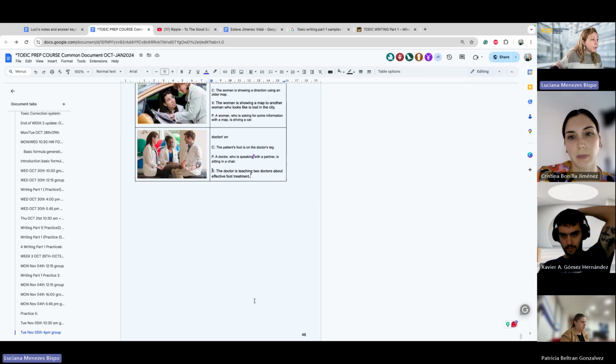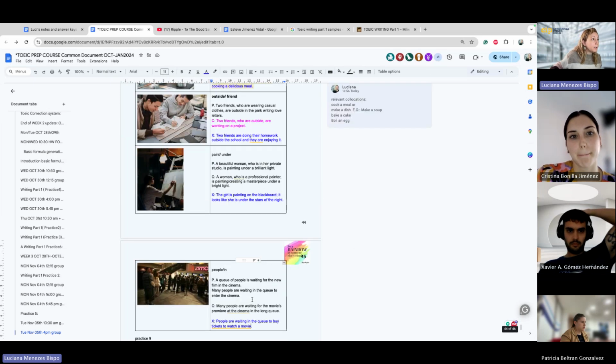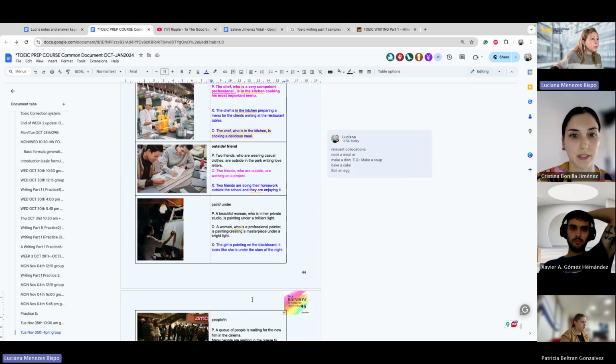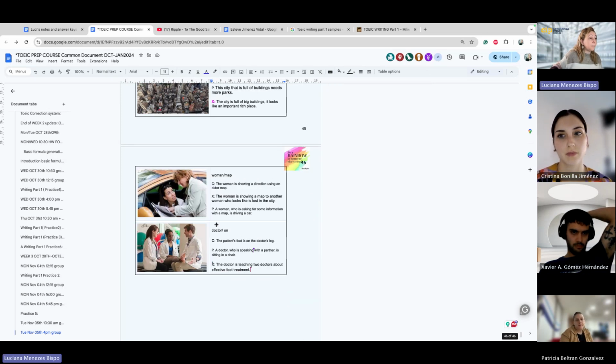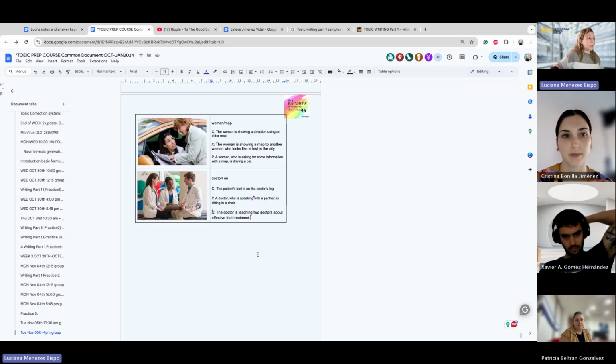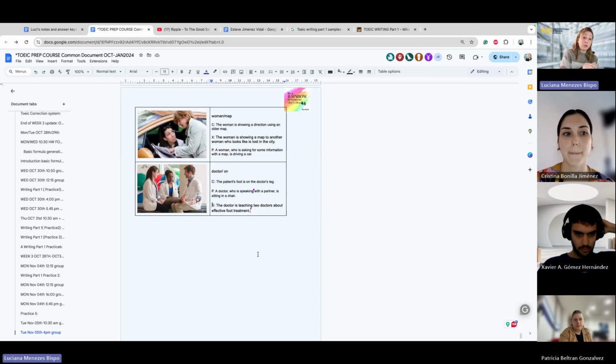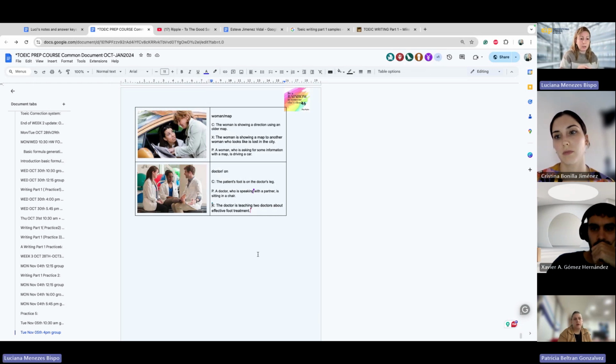Okay, I think this was the last one, right? This is practice 9. So I will temporarily take this away, and when the other students are doing it, at the end of the class, I will place it there and I will correct everything. And then when we come back on Thursday, you tell me, Lucy, I didn't understand this or that correction. Okay?